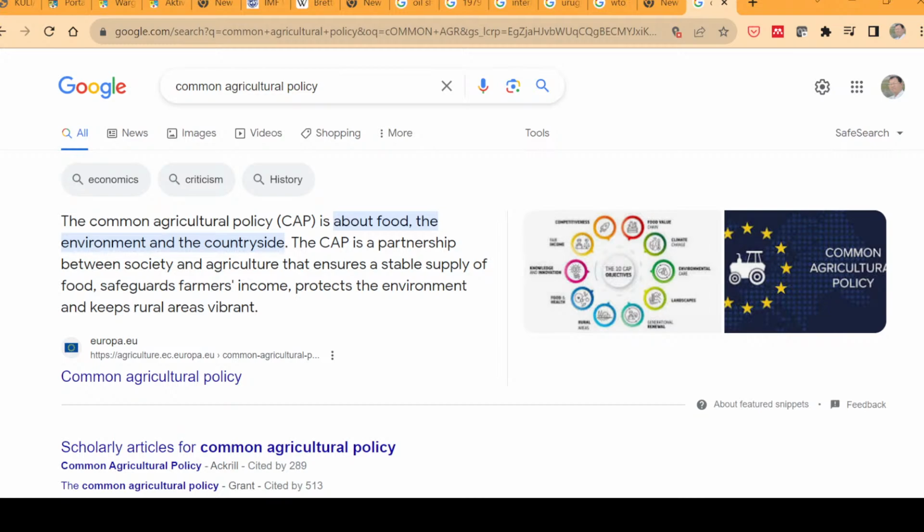Number two, they agreed to begin a new forum for trade negotiations, of course always negotiations on trade liberalization.